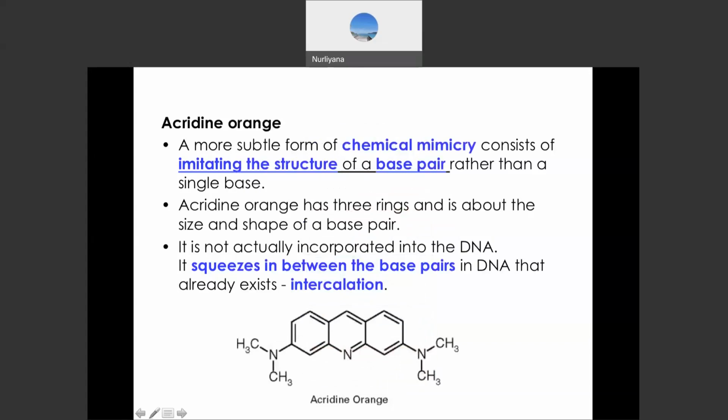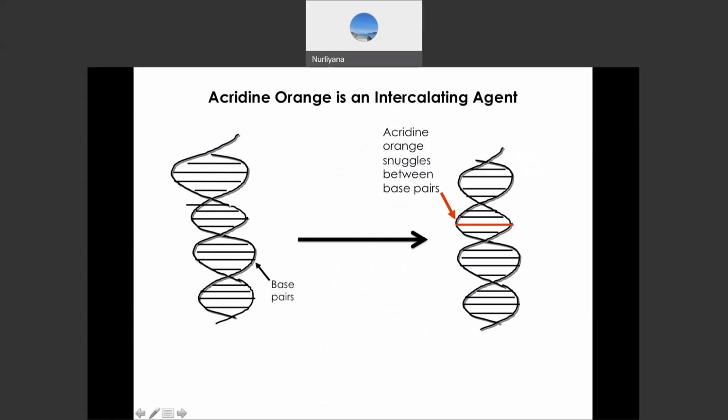If you are exposed to acridine orange, it will mimic the base pair, same as bromouracil just now. So it causes intercalation of your DNA. It acts as an intercalating agent, giving you like a new other base.